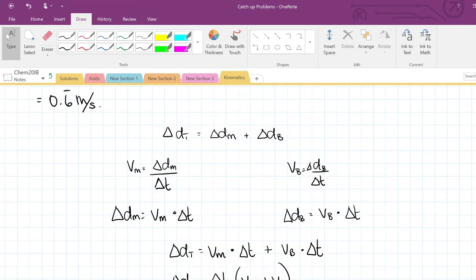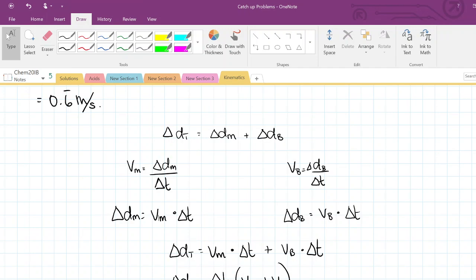And now I'm going to put these speed time terms into this total distance equation. So I get total distance is equal to the speed of the mosquito times the time plus my speed of the bike times the time.